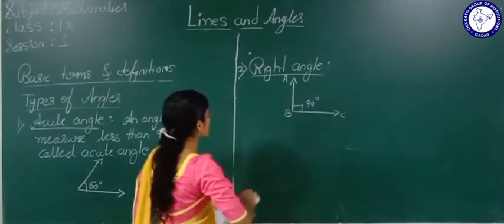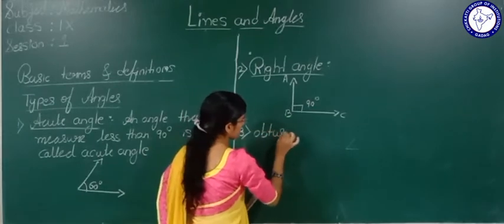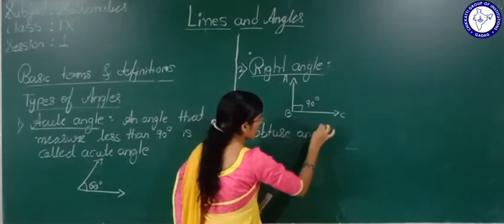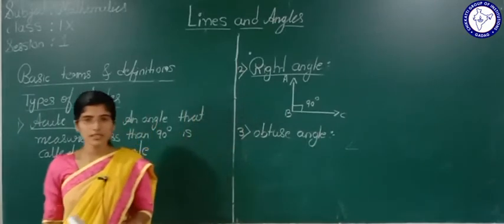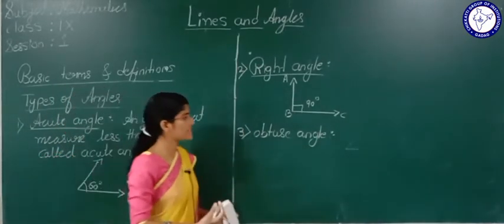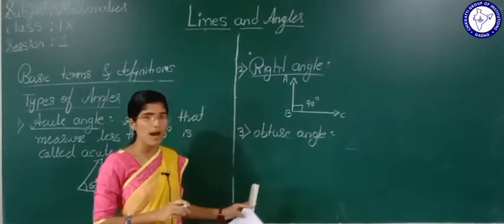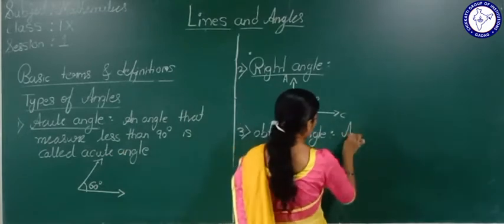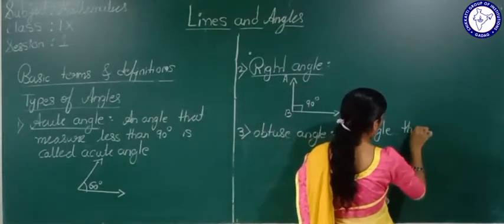Next, what is obtuse angle? Obtuse angle means an angle that measures more than 90 degree but less than 180 degree is called obtuse angle.